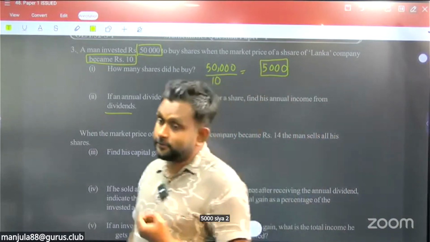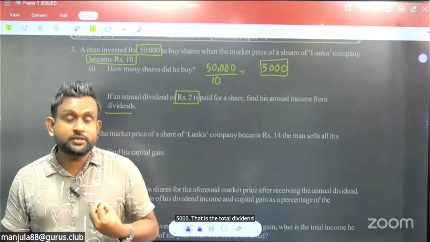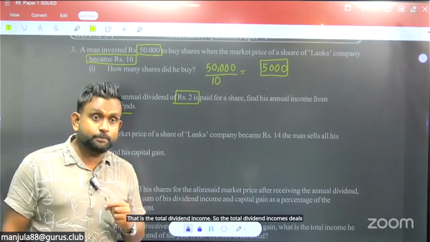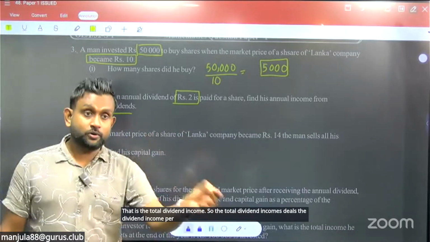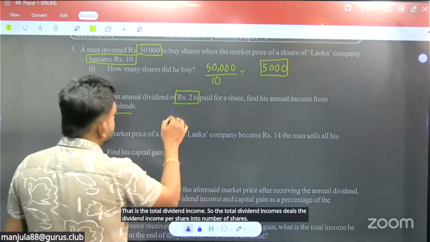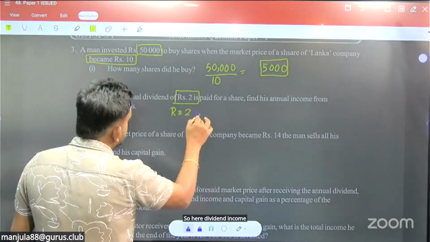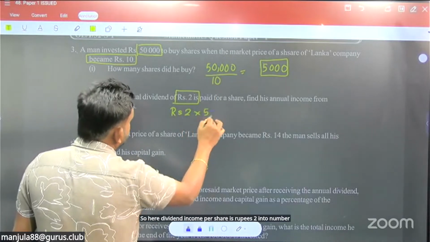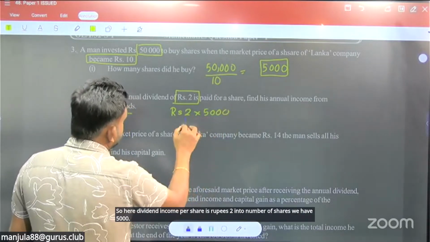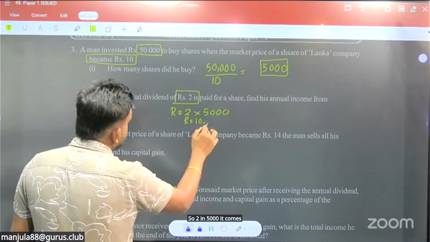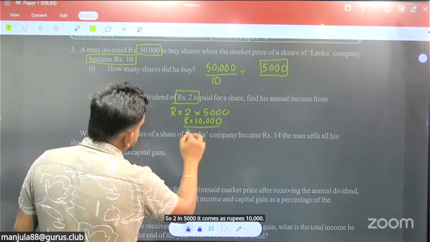That is the total dividend income: dividend income per share into the number of shares. So 2 into 5,000 comes to rupees 10,000. So that is the answer.